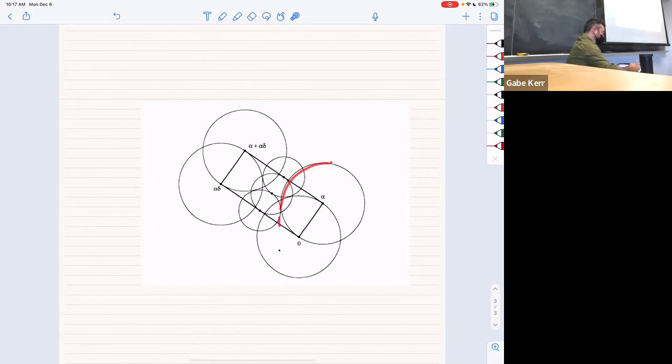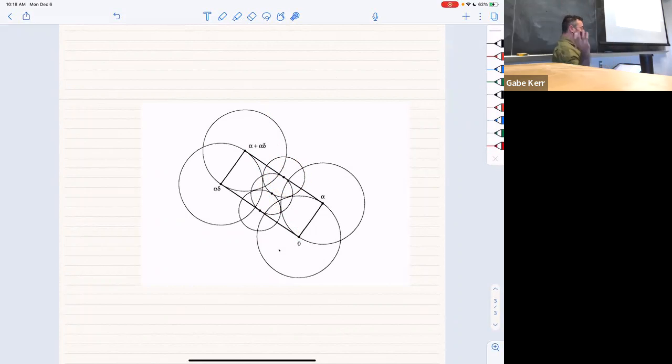So he takes this disk around alpha, but then he takes the same disk around these 4 corners of the rectangle. And he takes a half of this here, and a half of this guy. That gives you that one. And then this is a half of some point out here, some lattice point as well. So taking half points of the lattice, he's taking half radius disks around it.